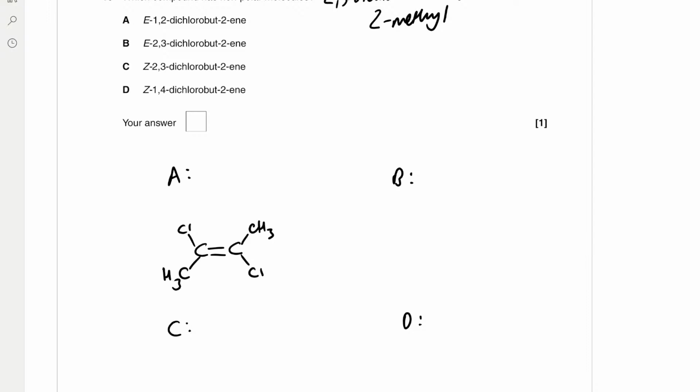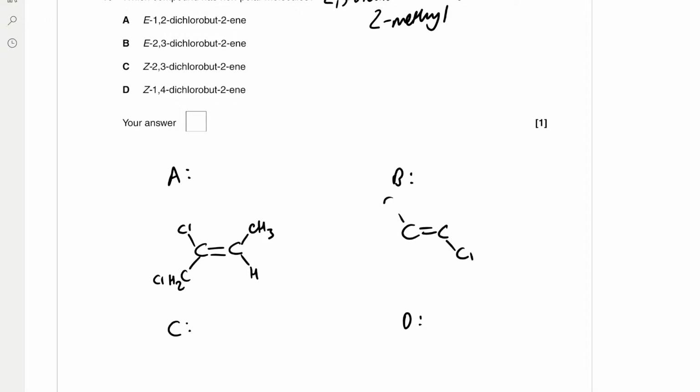And then B, we got E2, 3. Sorry, that's wrong, incorrectly drawn. 1, 2 dichloro, butene. Okay, so that's C2HCl. 1, 2 dichloro, butene. And then B is 2, 3 dichloro, so it's what I just drew.